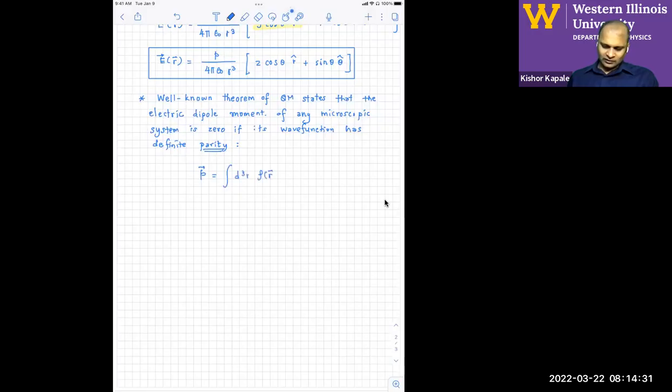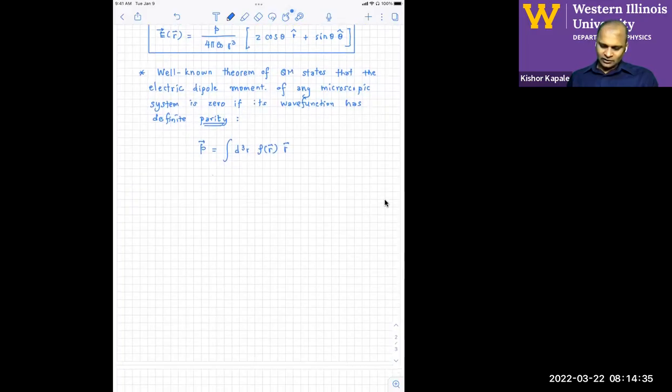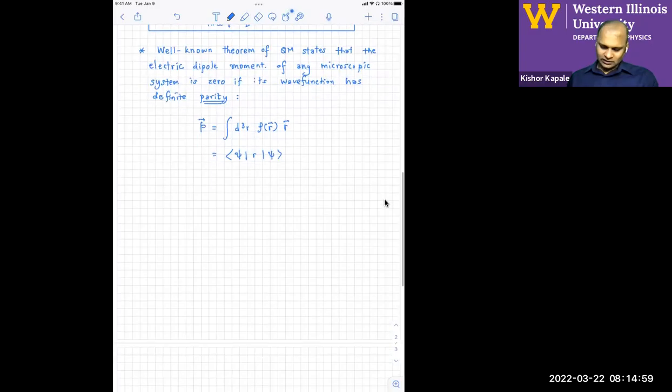So rho of r. If rho of r, let's say, has positive parity, r doesn't, right? And so you're going to get zero. If rho of r has negative parity, then also you're going to get essentially zero.